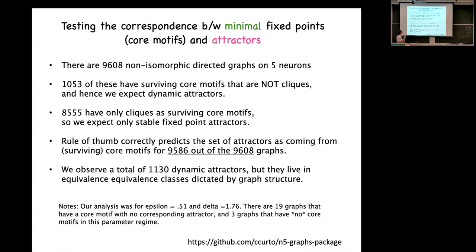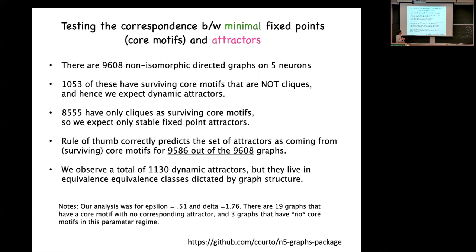And so we used our theory, this heuristic idea of the correspondence between fixed points and attractors, to predict what's going to happen in all the n equals 5 graphs. There were about 1,050 that were interesting, and another 8,500 that were less interesting, where we only had core motifs corresponding to cliques, and we only expected stable fixed points in those cases.